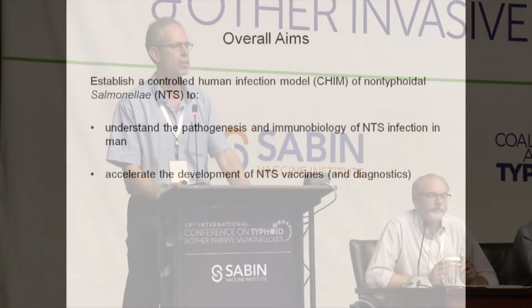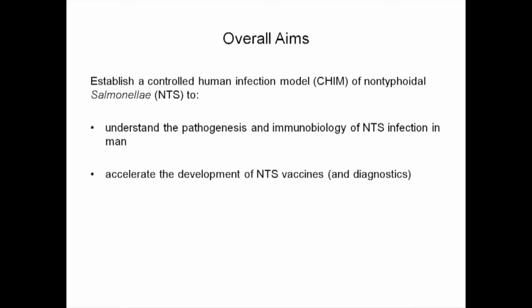So just in terms of overall aims of what we'd be trying to achieve with an NTS challenge model, we'd essentially like to establish something similar to what Andy and the team have established already for Typhi and Paratyphi A, for two main broad reasons: to understand pathogenesis and immunobiology of NTS infections in man better, and also to accelerate the development of NTS vaccines, particularly those that you've heard about already, bearing in mind that there might be some spin-offs for diagnostics as well.